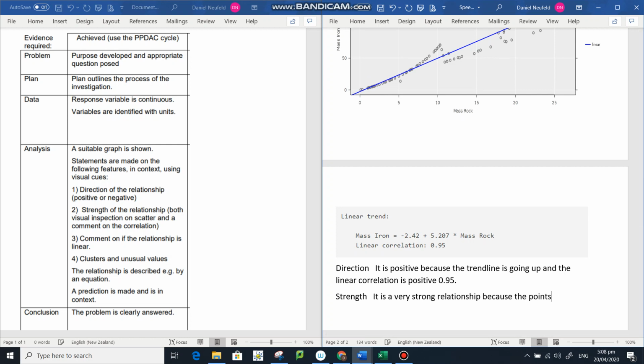The points, especially at the beginning, are very close to the trend line and stay fairly close at the right end. Yeah, why not? Okay.